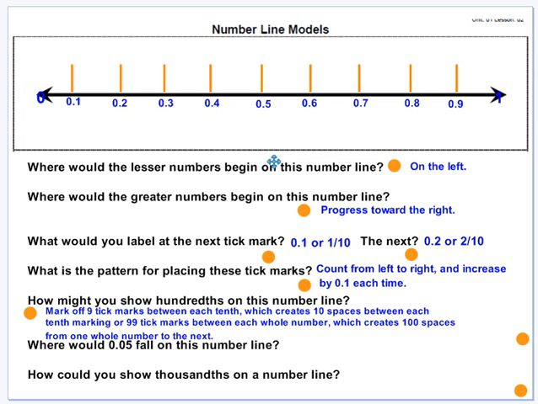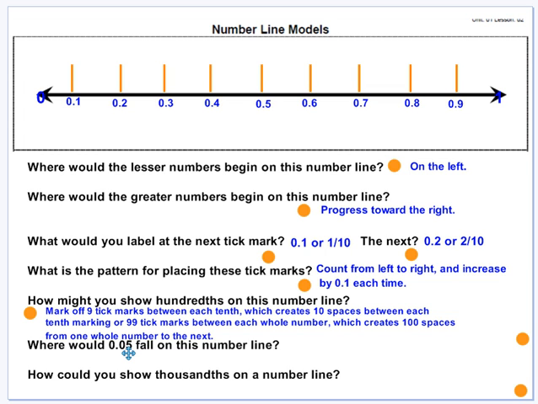Okay? So then if we do that, and you may need to pause the video, if you need to, do so that you can think about it. Then press play and come back and you can get the answer. But the question that you need to answer is, where would 5 hundredths, that's what this number is, that's at the hundredths place, fall on the number line?